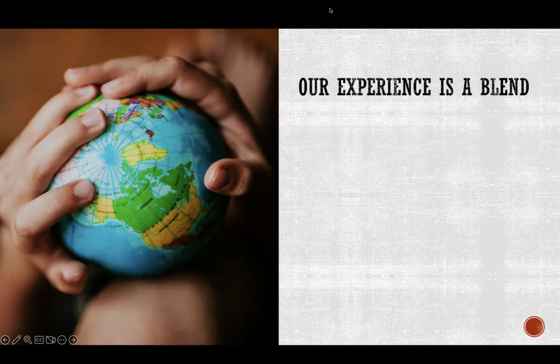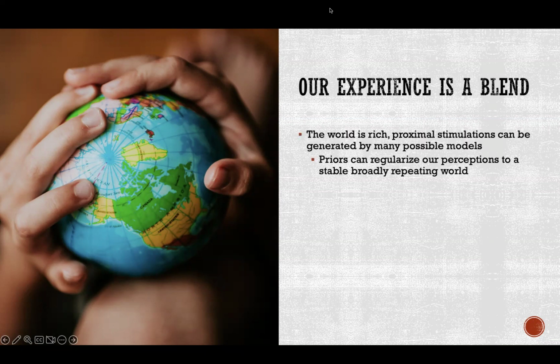So the idea in these models of, for instance, perception and cognition from a Bayesian perspective is that our experience is a blend, right? We have that the world is very rich. Proximal stimulation, so what hits our eyes or ears or haptic sensors or what have you, can be generated by many possible underlying models.